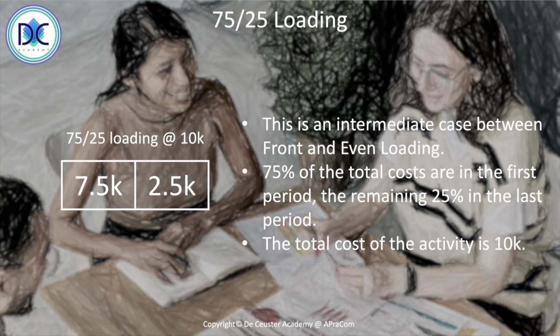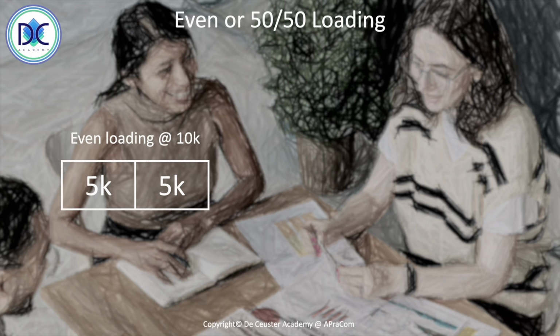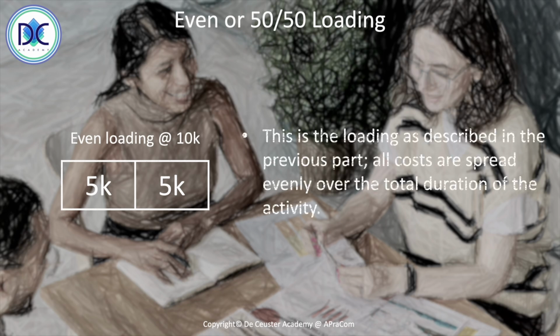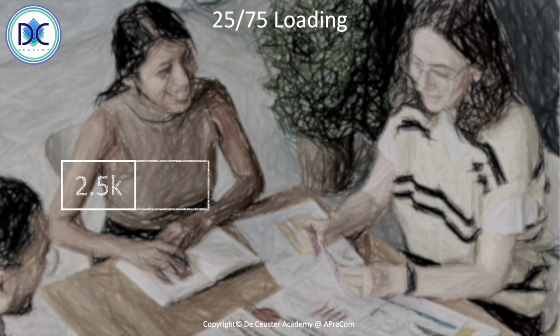The next one is the classical 50-50 loading. So we put 50% in the first period, 50% in the second period, and it means that all the costs are spread evenly over the different activities. Again, the total cost of the activity here is 10K. We have also 25-75 loading, which is the intermediate between the even loading and the back loading.